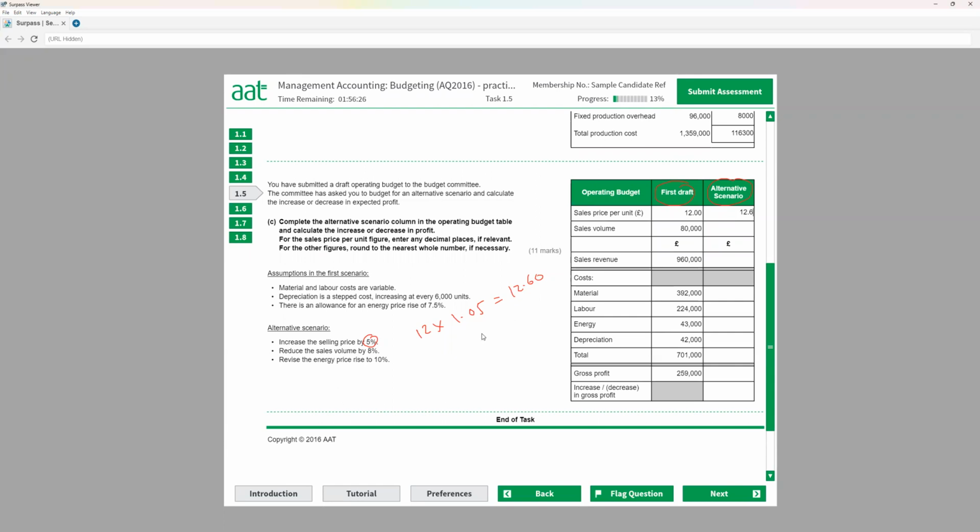Increased by 5%. Now, how much will the sales volume be? They are saying sales volume will be decreased by 8%. So now we have 80,000 and it will be decreased by 8%. That means it will be 92%. So 80,000 times 92% gives me 73,600.